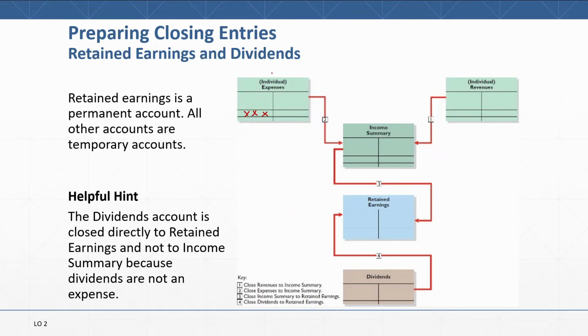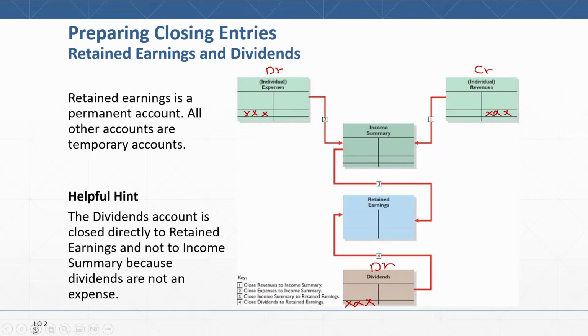Because their normal balance is debit. We also expect to see a credit balance at the end of our accounting cycle for revenues. Dividends' normal balance is debit, so we also expect to see a debit balance for dividends. So those are before-closing balances.